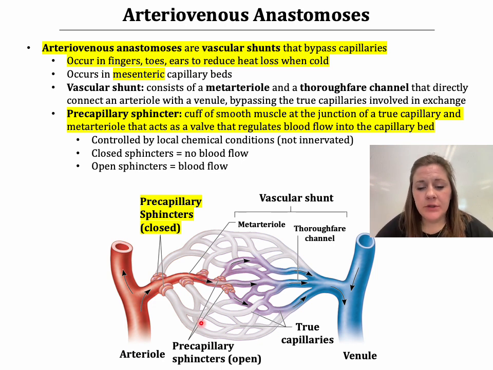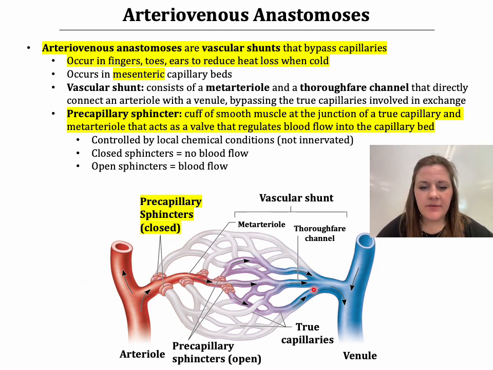Okay, so when I was talking earlier, I was saying how we can shut down this capillary network and prevent blood flowing through the whole bed. And this is showing us in more detail what is actually taking place there. Okay, so an arteriovenous anastomosis is connecting an artery and a vein, or more specifically an arteriole and a venule.